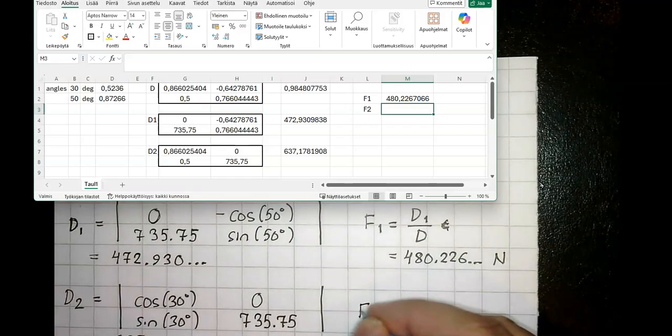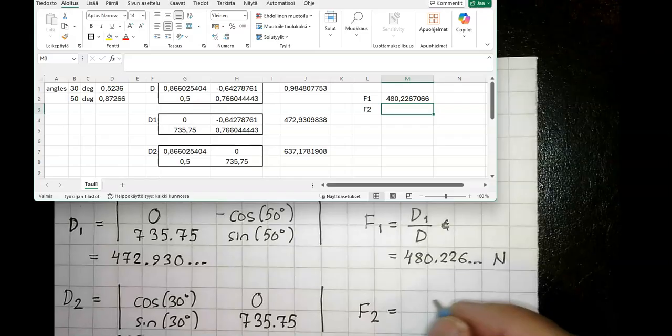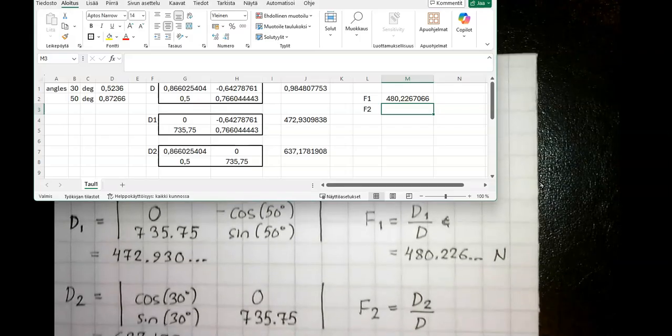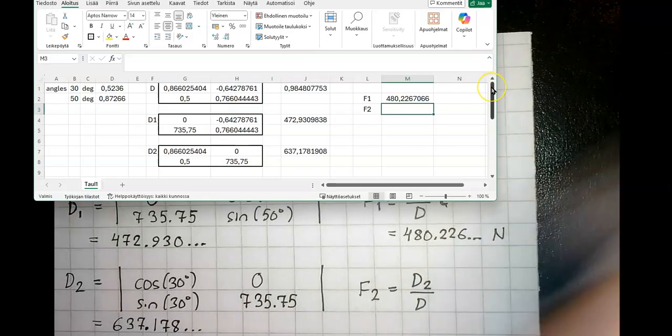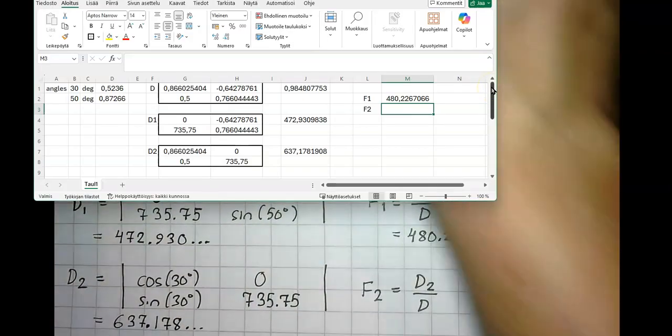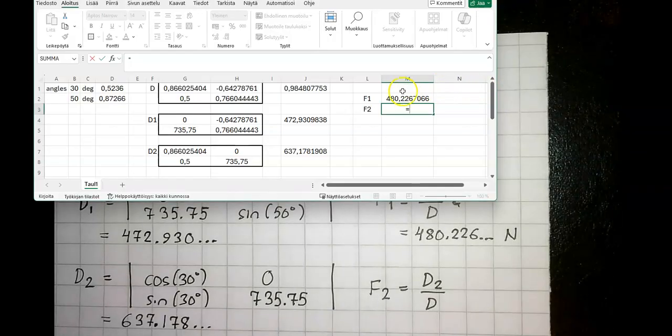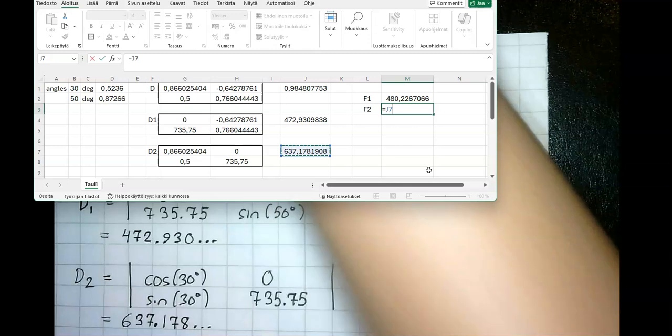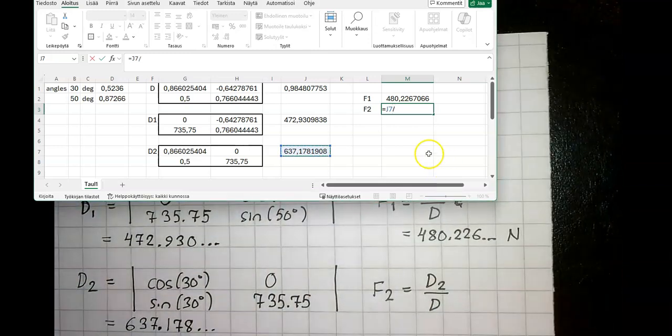And the same with F2. We divide D2 by D, and in Excel D2 we pick from here and we divide that by this number.